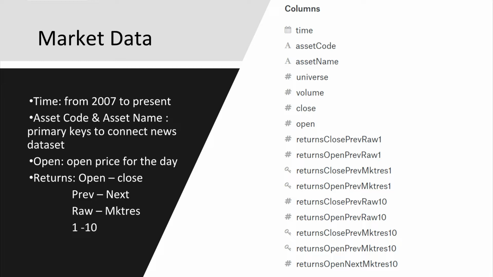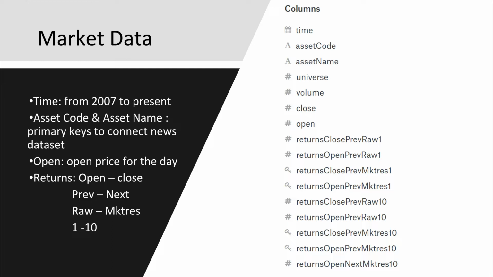I want to emphasize that one asset name can have multiple asset codes. For example, Disney publicly lists its stock in different countries, and different countries have different asset codes. Therefore, one asset name, which is one company, can have multiple asset codes.